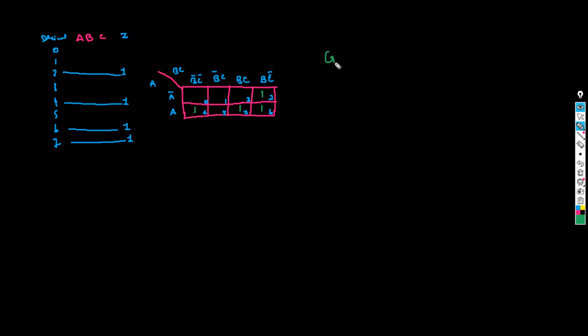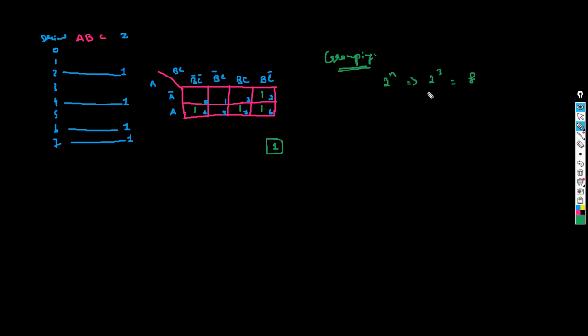Now remember, you have just constructed this K-map. Now there is something called grouping. The grouping goes 2 to the power n. So 2 to the power 3 is 8. If all 8 cells are 1, then you can club all of them, group them and mark it as 1.